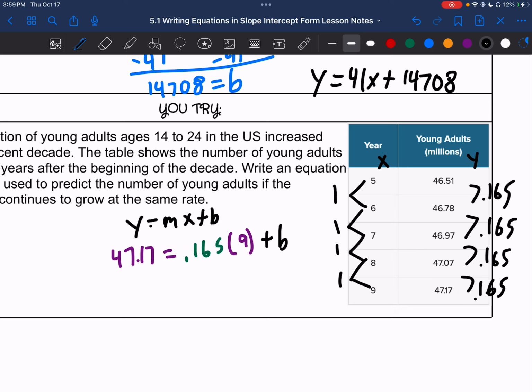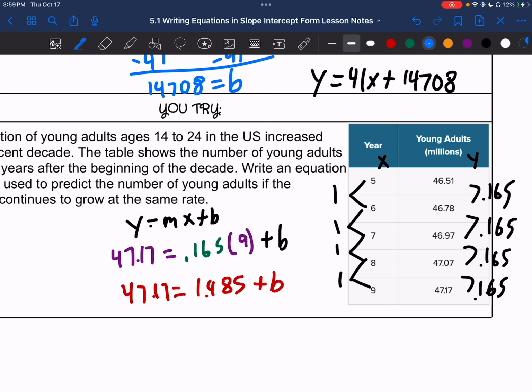So now if we do the math on this, we get that 47.17 is going to be equal to 0.165 times 9, which is 1.485, plus b.